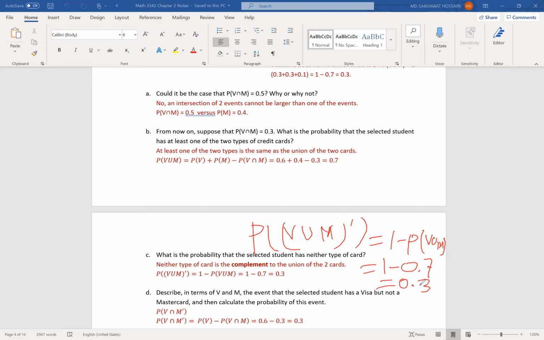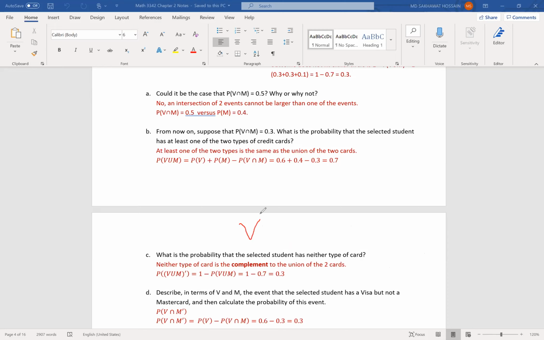Part D: describe in terms of V and M the event that the selected student has a Visa card but not a MasterCard. First you need to write the event that the student has a Visa card but doesn't have a MasterCard.